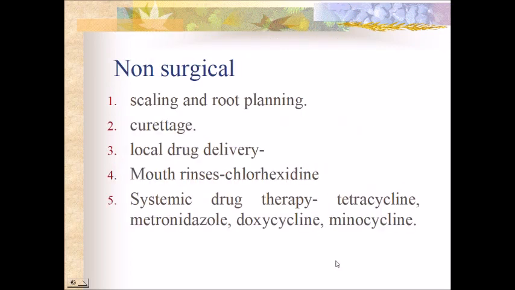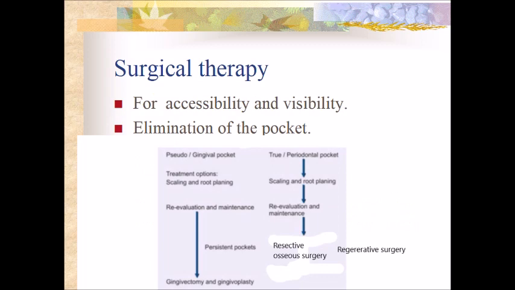Now coming on to the non-surgical procedure, in this scaling and root planing will be done. Next is curettage, local drug delivery, and mouth rinse will be recommended like chlorhexidine; systemic drug therapy: tetracycline, metronidazole, doxycycline and minocycline. And surgical therapy is for accessibility and visibility and elimination of the pocket.